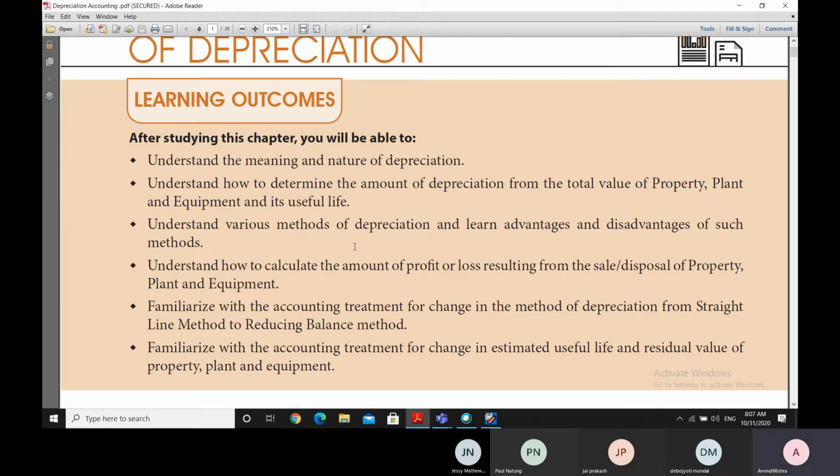How do we do the accounting treatment of any such change in the method of depreciation from straight line method to the reducing balance method?